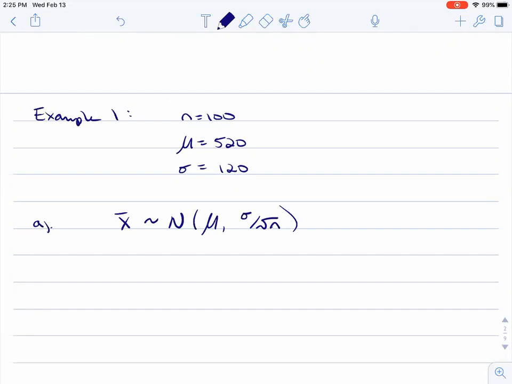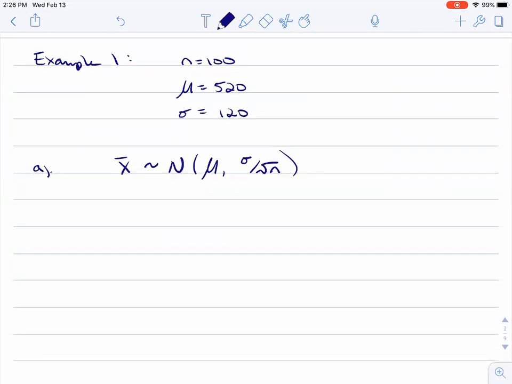So that's the general form for answering this question. We know mu, we know sigma, and we know n. So now we can just plug those in. So we've got x bar follows a normal distribution with a mean of 520, a standard deviation of 120 over the square root of 100.